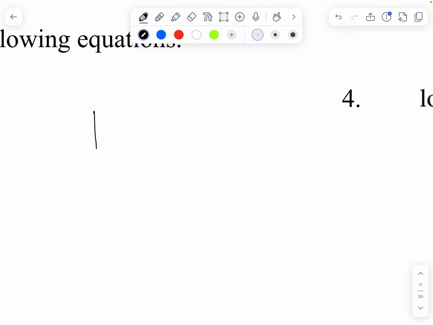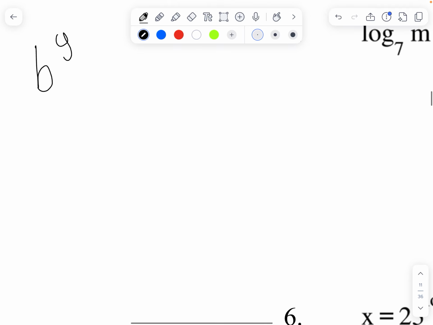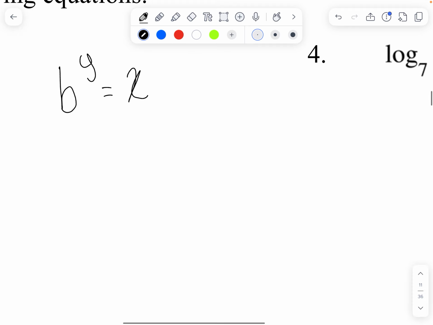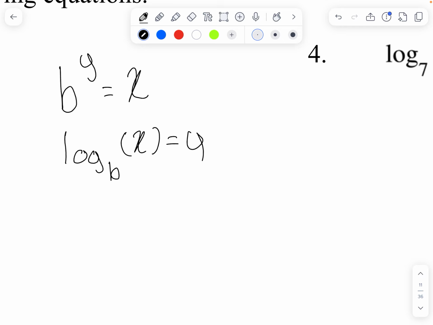If b to the power of y equals x, then log base b of x equals y.